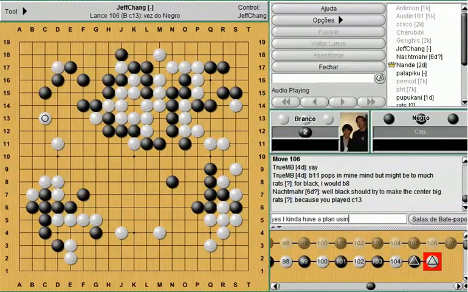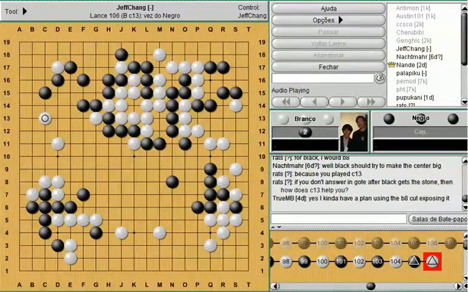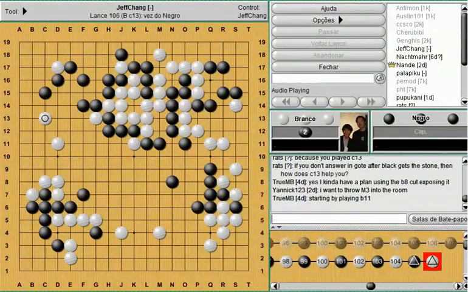You play B8, it looks like you are cooperating with me, because my left side now is still not completely solid. You play B8, you are making me completely solid. I will answer in gote, because then the situation is completely simplified. You know that.